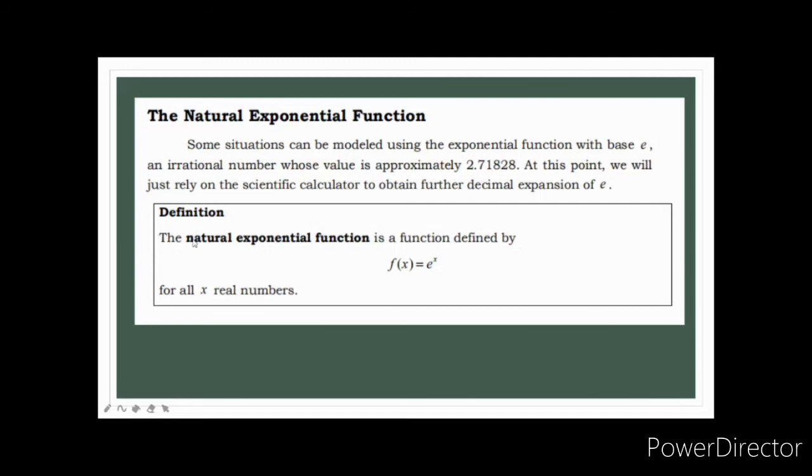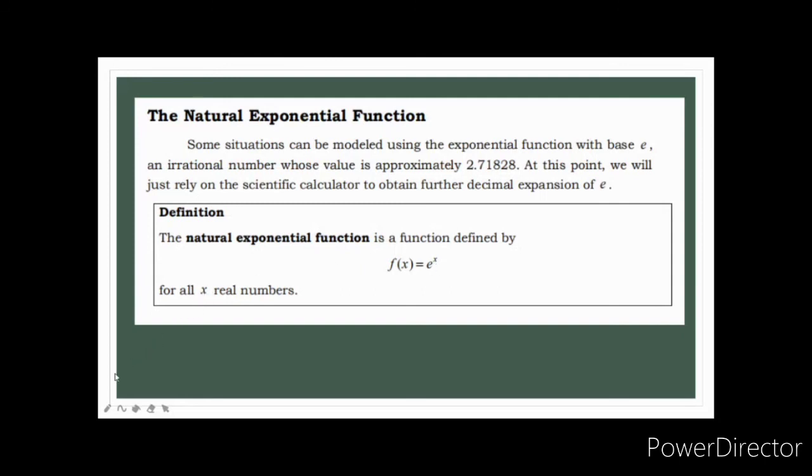Now we have the definition. The natural exponential function is a function defined by f of x is equal to e raised to x, where e is our irrational number and x is our exponent, for all real numbers x.